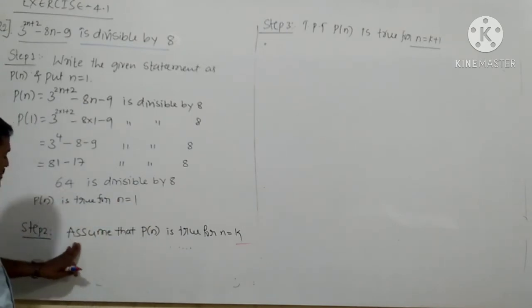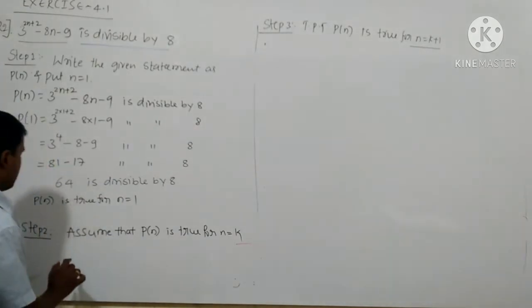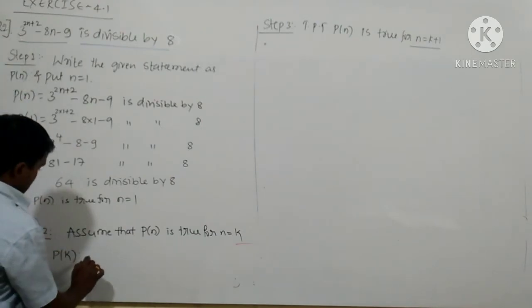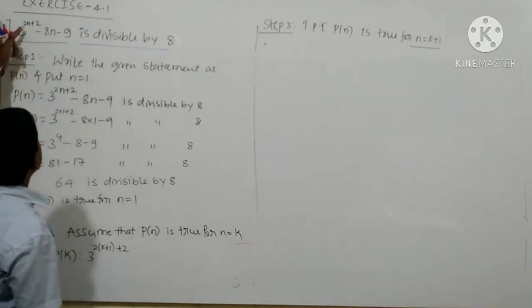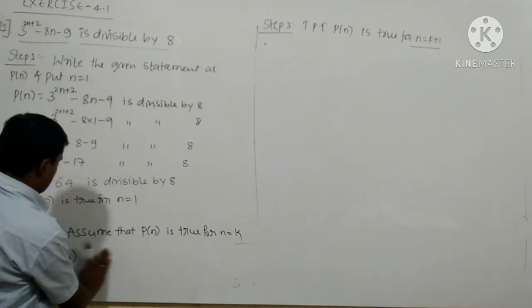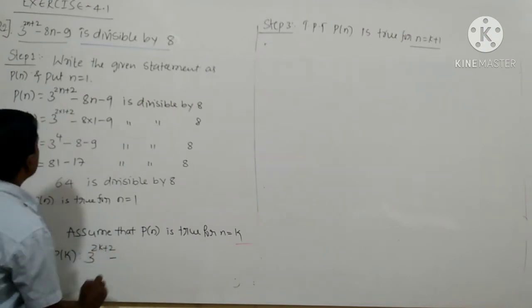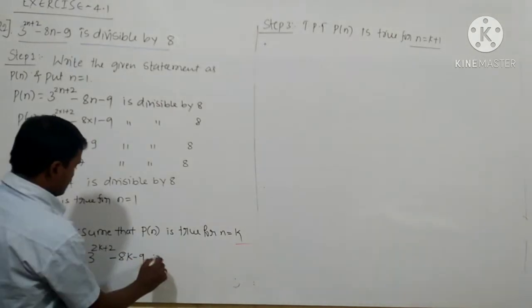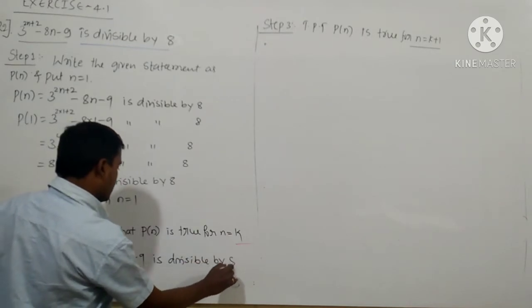Second step, assume that p of n is true for n is equal to k. Now replace the value of n by k, hence it becomes p of k such that 3 to the power 2k plus 2 minus 8k minus 9 is divisible by 8.